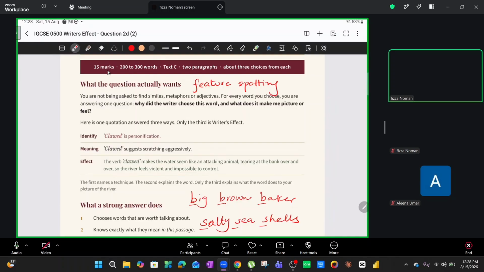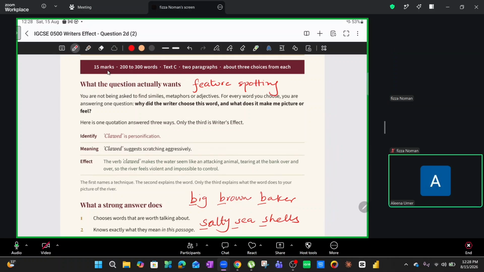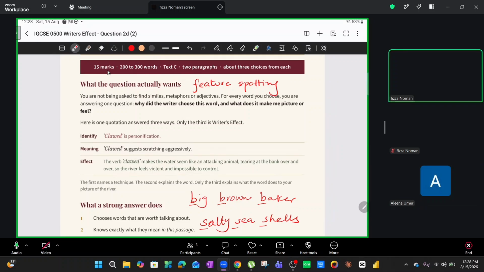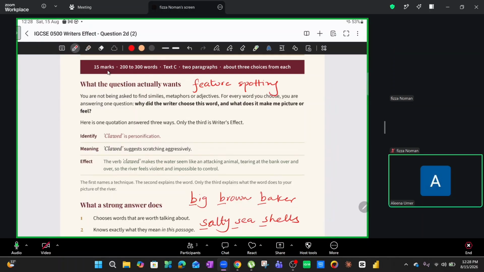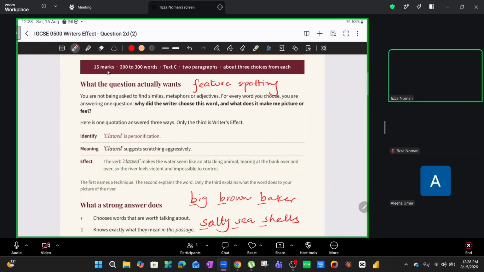Generically speaking, claws is a word that we would use for animals. And whenever we use the word claws, we understand that it's something sharp, something with talons, right? So obviously, we come to the conclusion that it's aggressive scratching. Isn't that the case, beta?